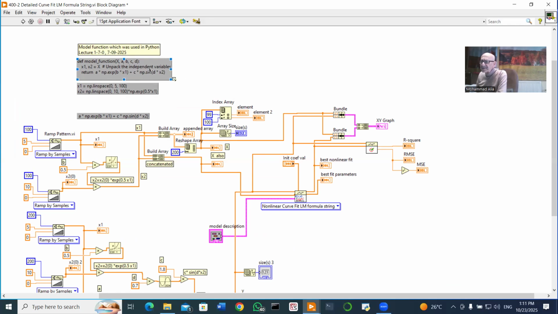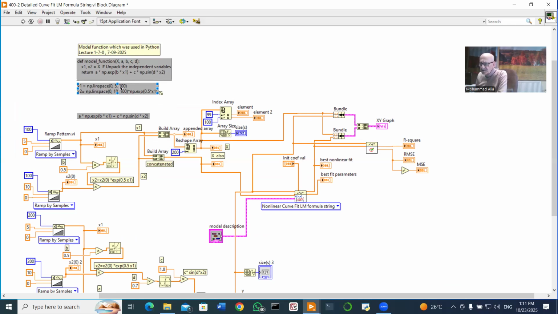To work with this function, we need to create an array representing x1 and another array representing x2. x1 here is an array in numpy linspace in the range of 0 to 5 with 100 samples.